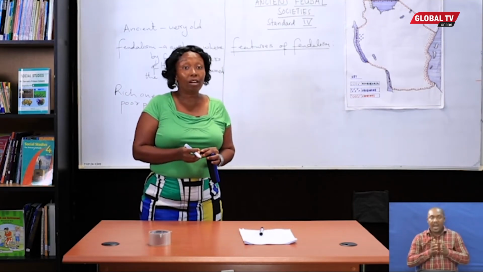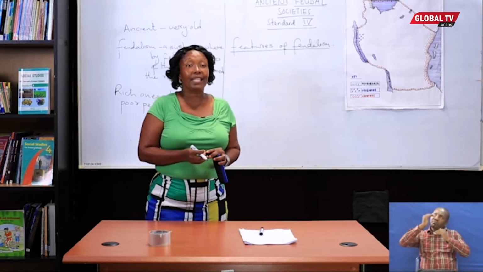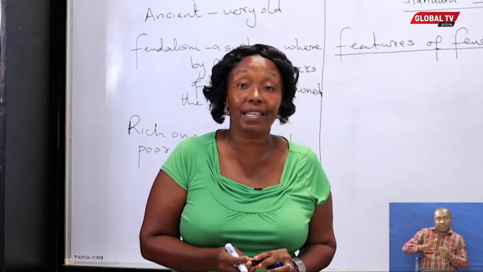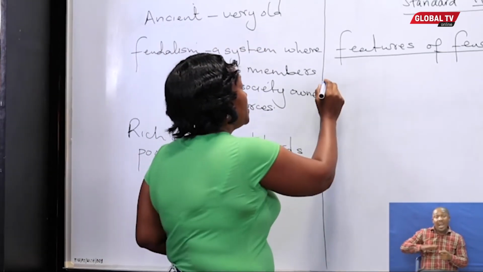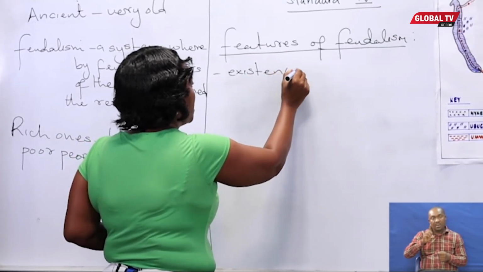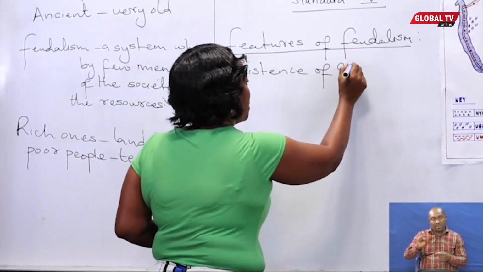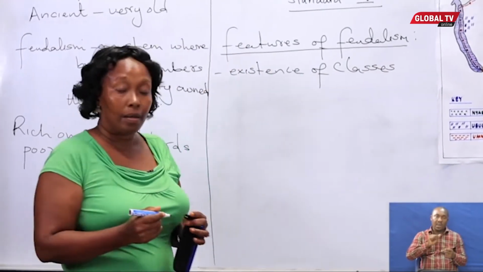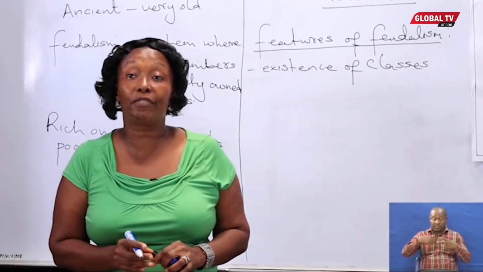There were the landlords and the tenants. So there were classes in the society. That is the first feature.